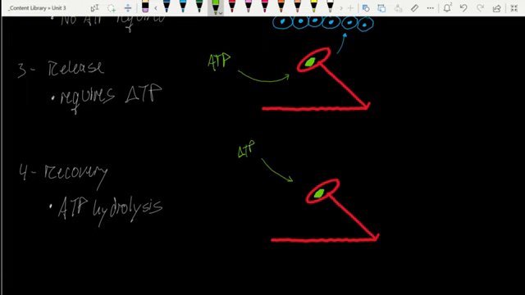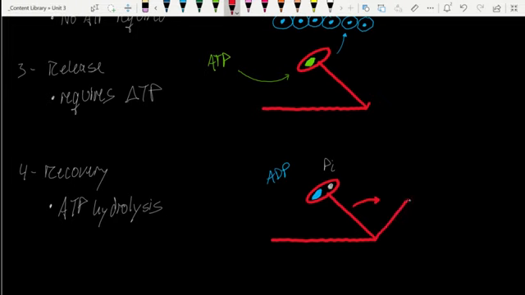The enzymatic activity for this reaction is actually within the myosin head itself. So the myosin head is going to break that ATP so that now, instead of ATP, we've got ADP, and we have our inorganic phosphate. And the energy that's released by breaking that bond is what resets this head.